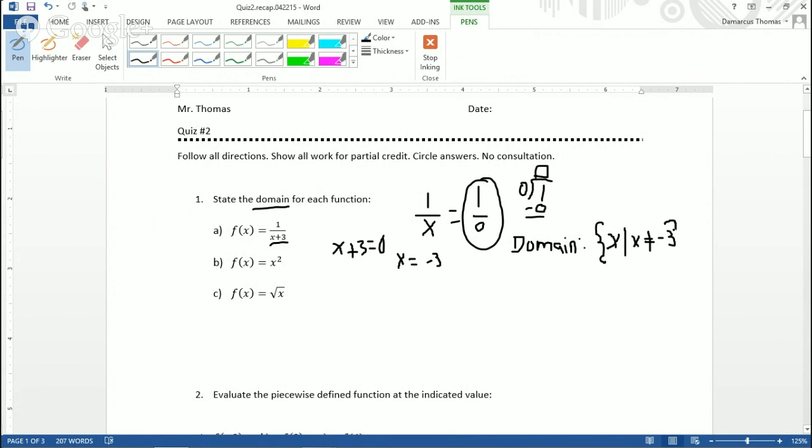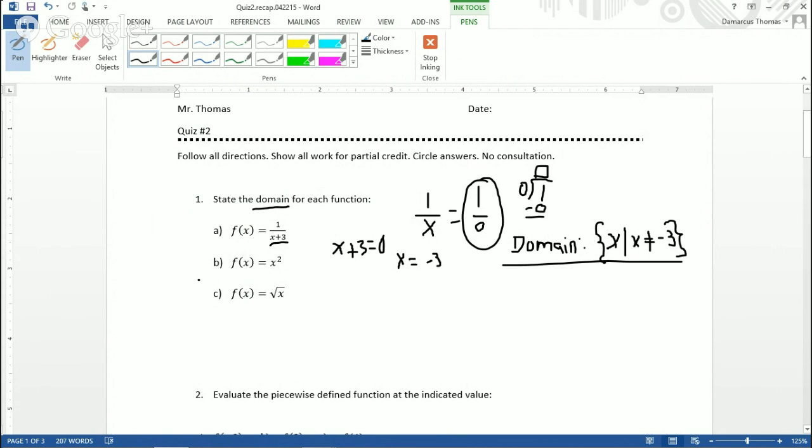And this is sufficient, because the domain is the set of all input values for which the function is defined. We know we're talking about real numbers, so you don't have to state that x is a real number. The variable x is defined as a real number. So it's the set of all x's such that x is not equal to -3.